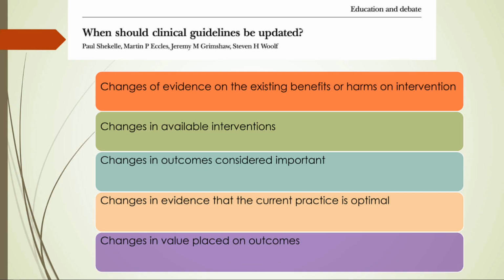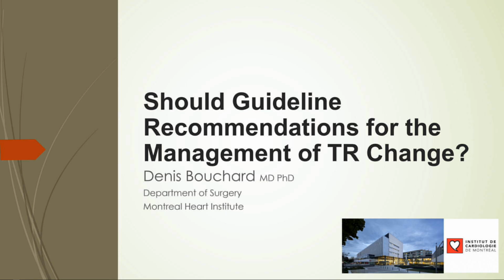Changes in outcomes are considered important, but that goes hand in hand with what's happening in the transcutaneous field, because that seems to be playing quite a bit negatively in terms of perfect echo outcomes, but quite positively in terms of morbidity and mortality of those procedures.